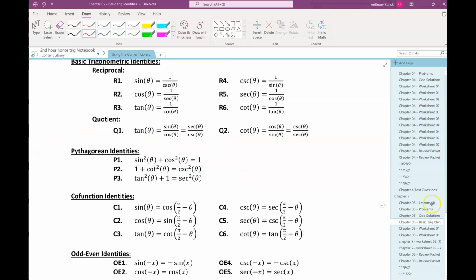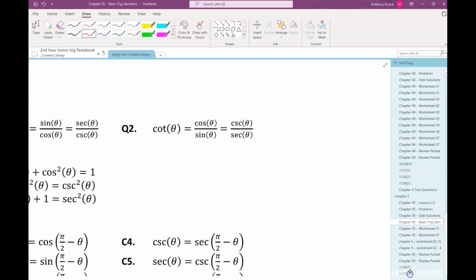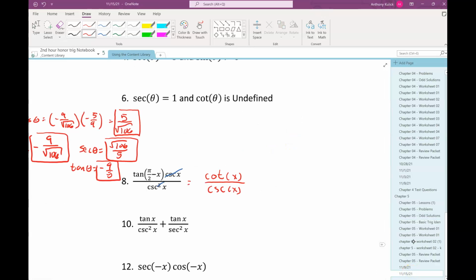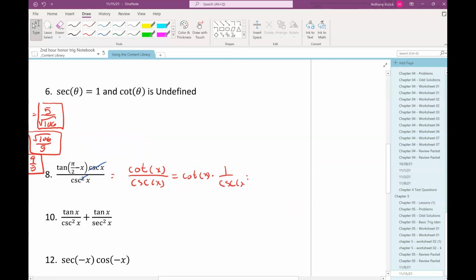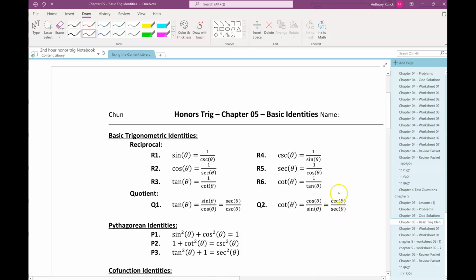So I'm looking at this one. Okay. And I'm going to think about this as two fractions multiplied to one another. And really the only reason I want to do that is because I'm going to turn cotangent into cosecant over secant using quotient identity 3.